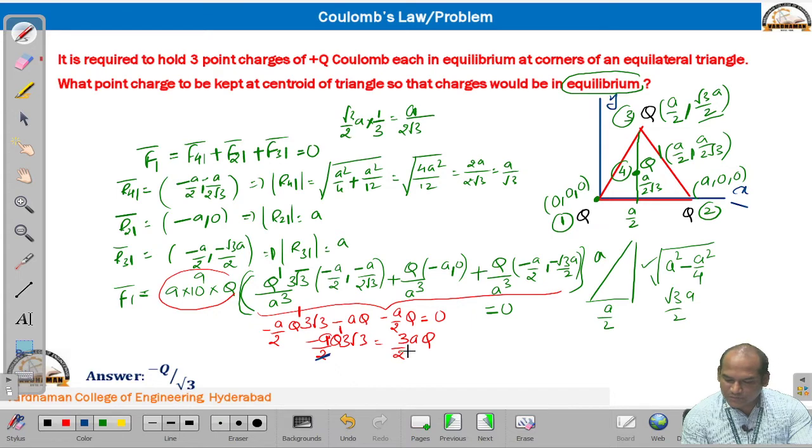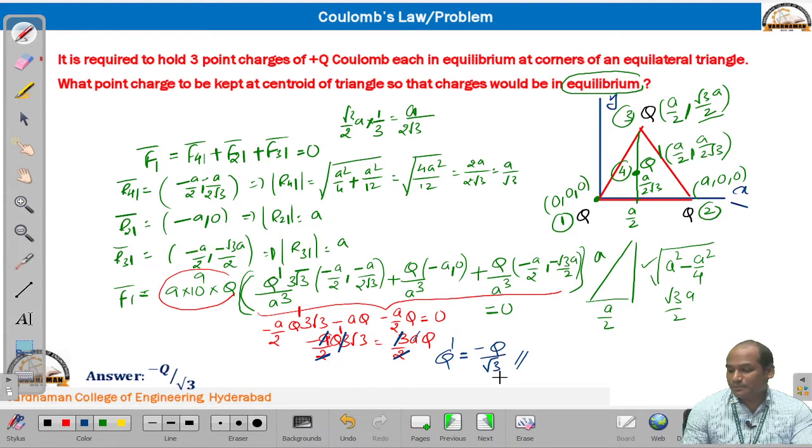So, this 2 will be cancelled, a will be cancelled, so that you will be left with q dash is equal to minus q by 3 is also cancelled, minus q by root 3. This is the answer. So, if you keep minus q by root 3 in position 4, then the charges available at the vertices of the equilateral triangle are in equilibrium. That means the resultant force on the charges which are available at the vertices of the equilateral triangle is 0.